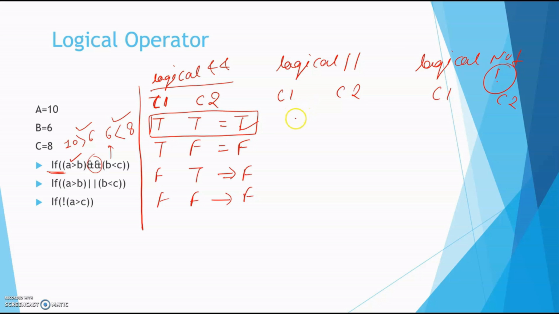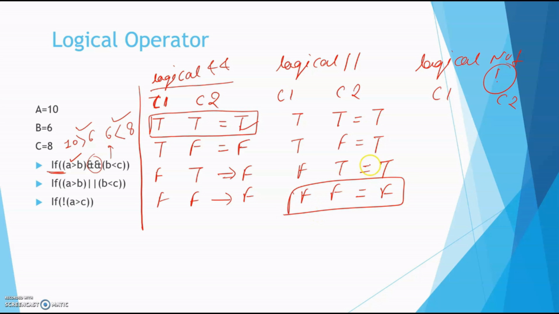If we talk about logical OR, if the first condition is true and the second is true, it gives true. First true, second false, again it gives true. First false, second true, again true. If both conditions are false, it gives false.